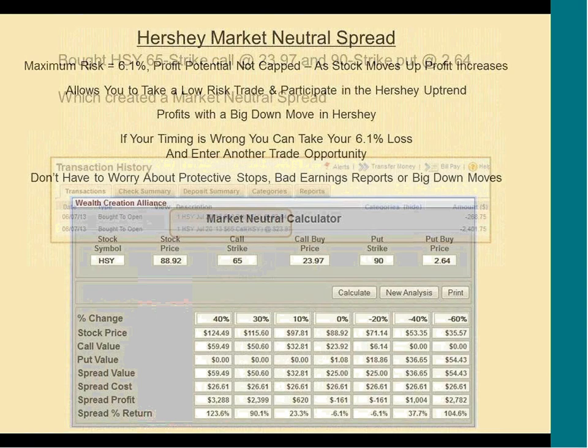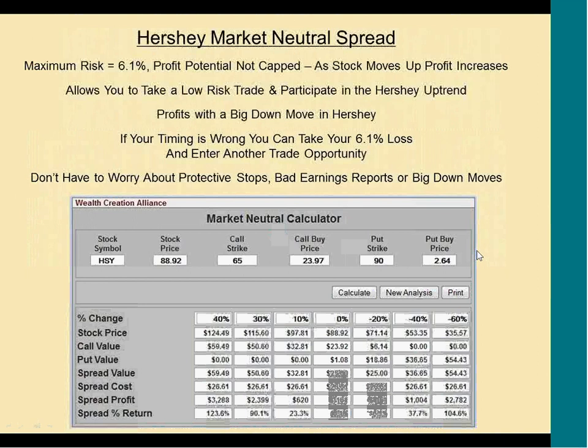So let's summarize the advantage of these market neutral spreads. The market neutral strategy provides us with the increased profit potential available with options, which are leveraged with a high risk. And we saw several examples where our maximum risk was in the 6 to 8% zone instead of risking 100%. And at the same time, the profit potential is not capped with these market neutral spread trades.